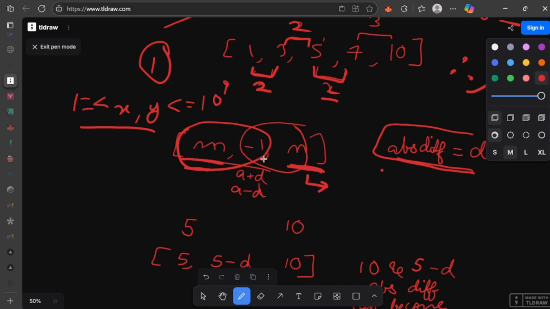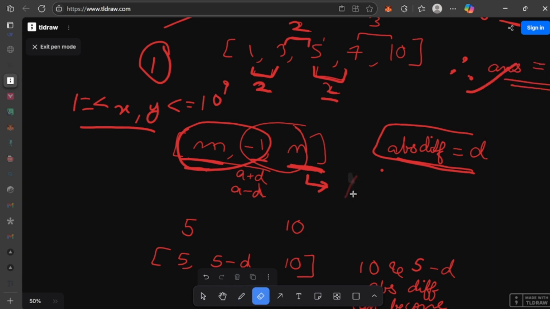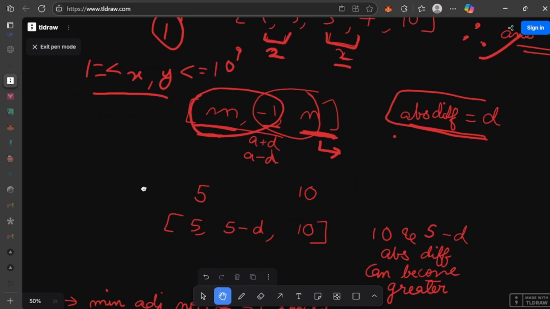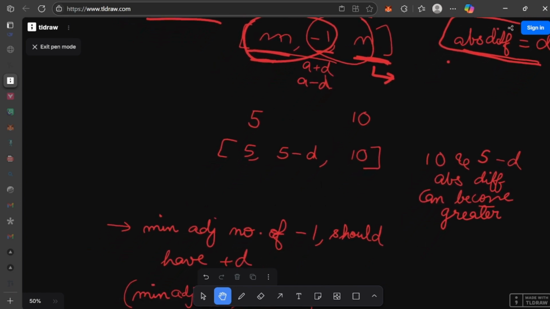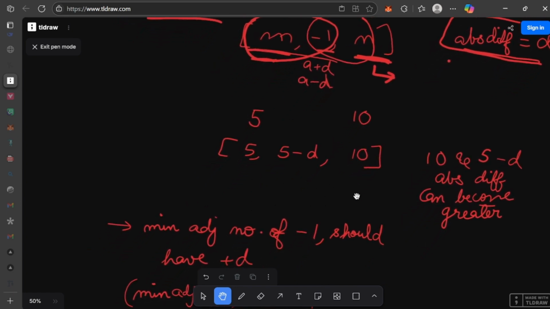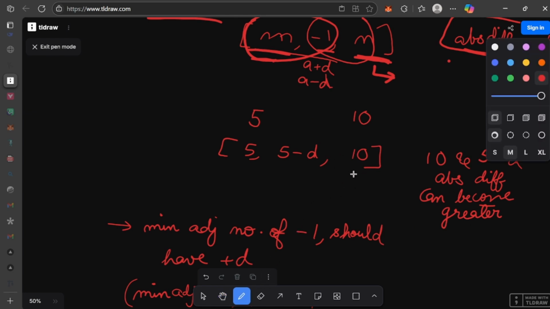Suppose the adjacent element is a, here we choose x as a plus d or a minus d. So in an example it becomes 5, 10 and 5 minus d. Suppose we are choosing 5 minus d. So here 5 minus d and 10 absolute difference can become greater because we are subtracting a smaller element from 10.